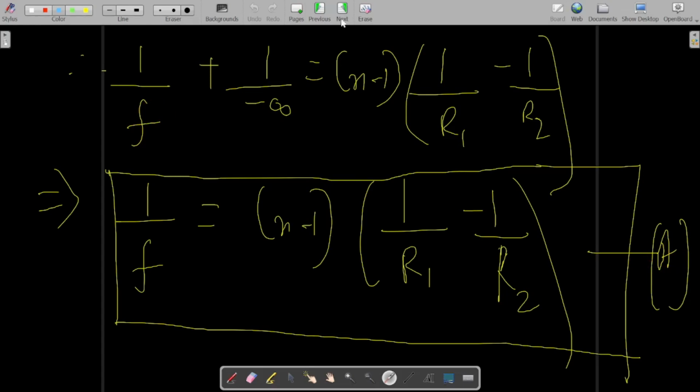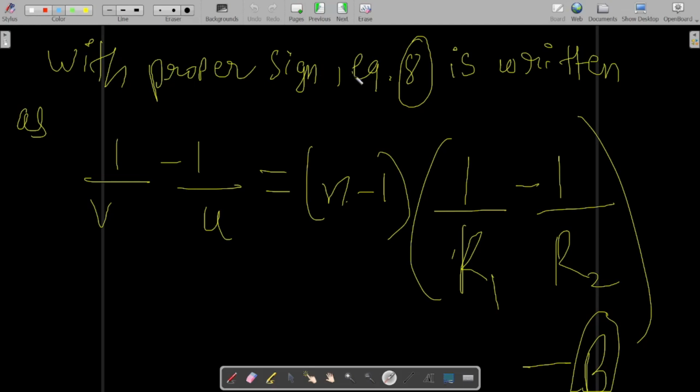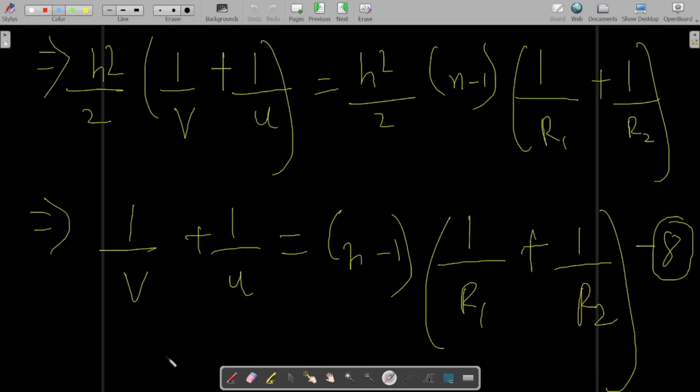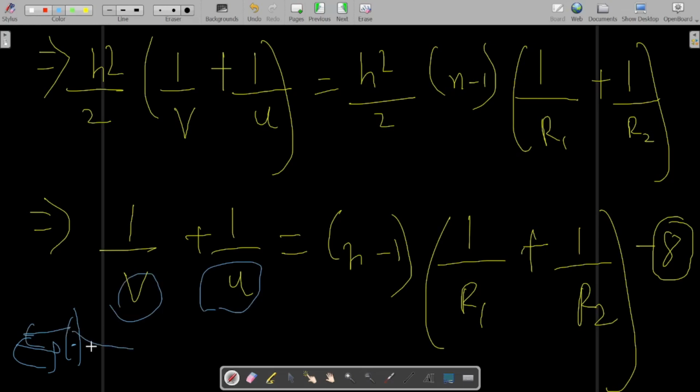Now how is equation 8 written with proper sign? Your object u is to the left side, so u will be negative. Your image v is formed on the right hand side, so v will be positive.